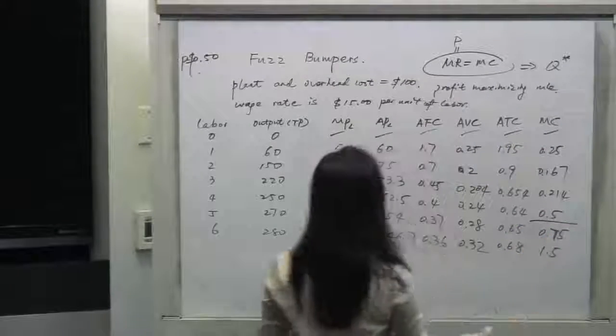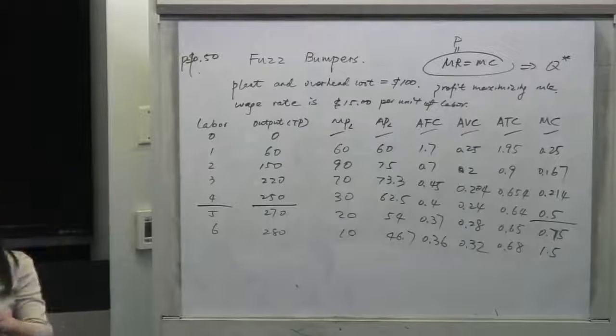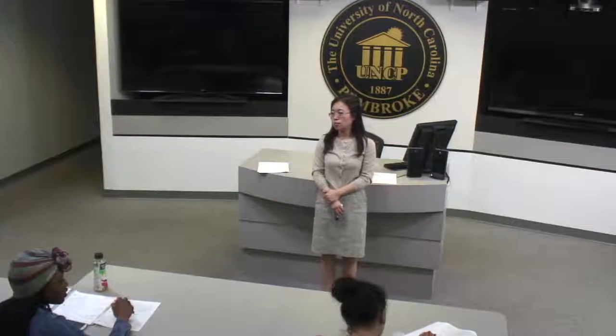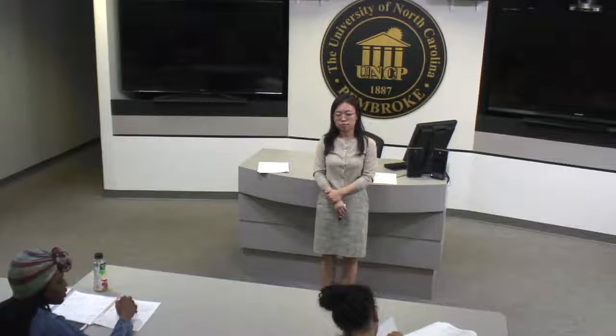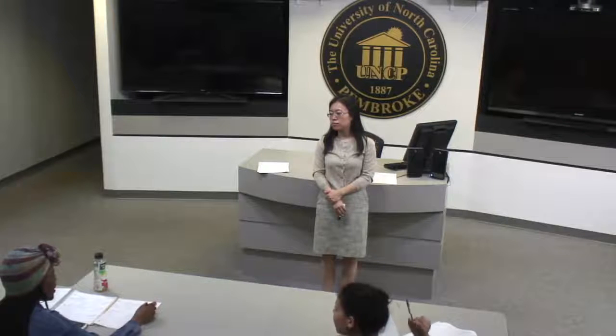When the price is 50 cents, and we look at marginal cost, with 4 laborers it's 50 cents. So 250 is what you need.